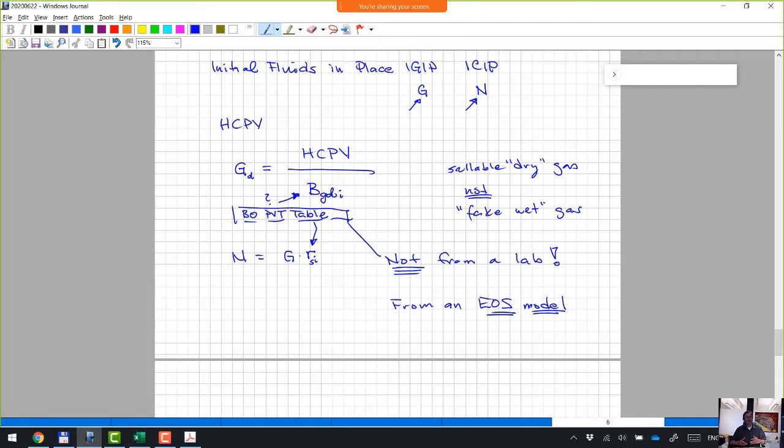In reality, from the PVT lab, yes, they probably do give you almost enough to get the BGDI and the little RSI, but maybe not for the surface process that you actually want to look at.